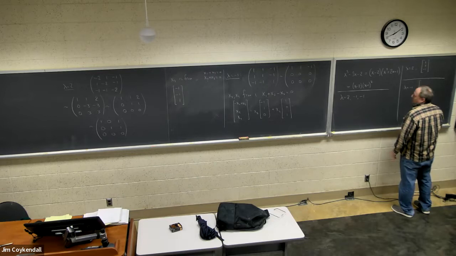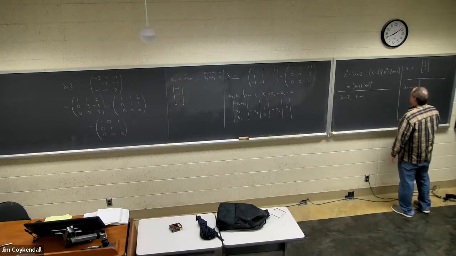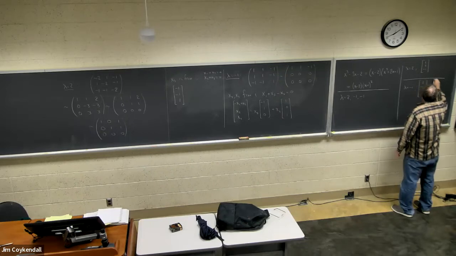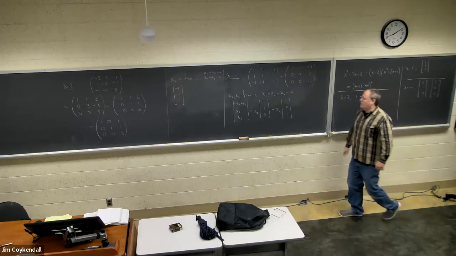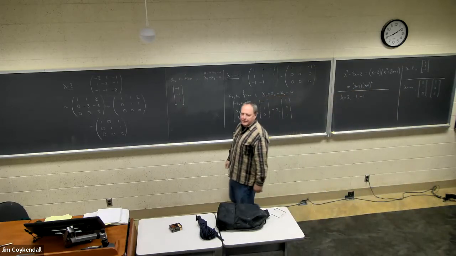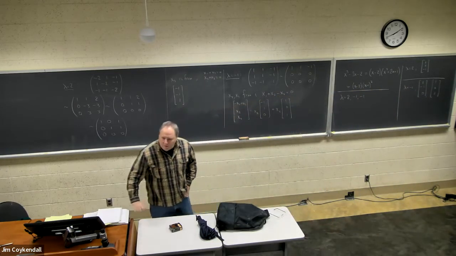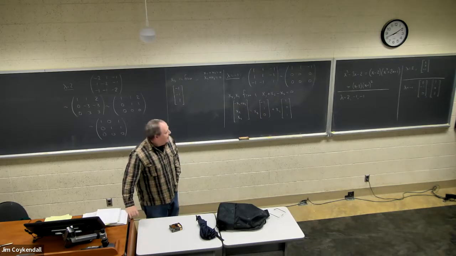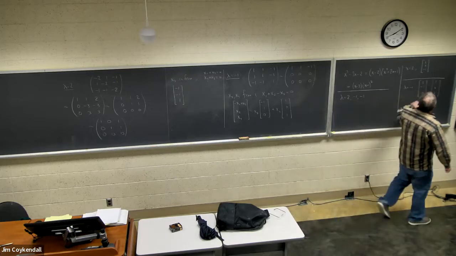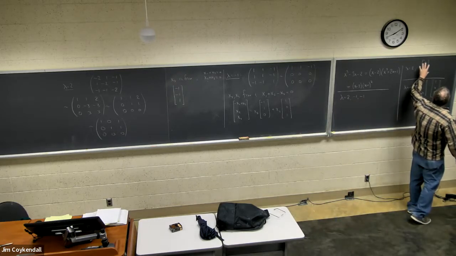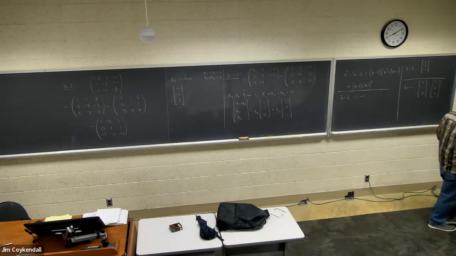Let me just write down my two eigenvectors. Again, I'll reverse the sign of this one. By the way, does anybody see a relationship between this eigenvector and the other two?